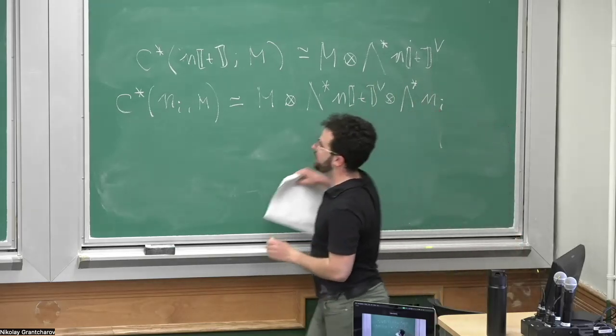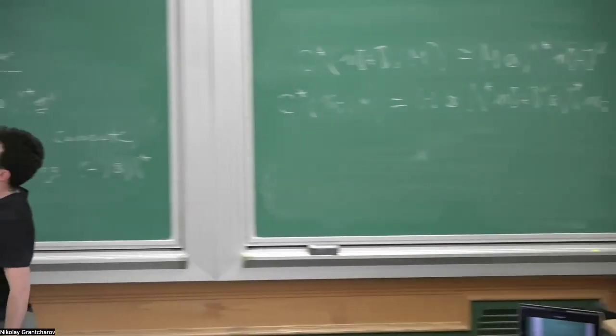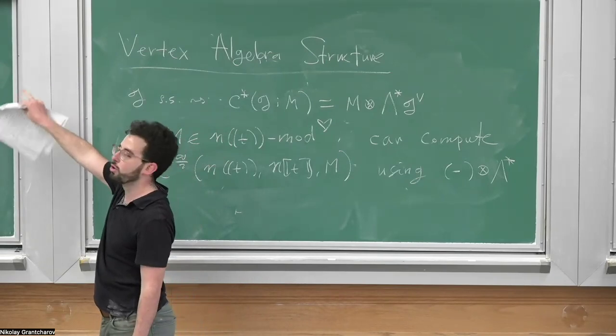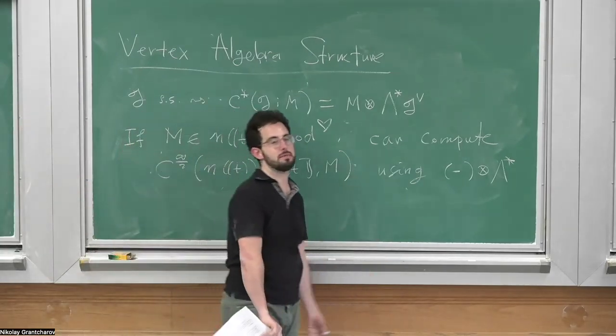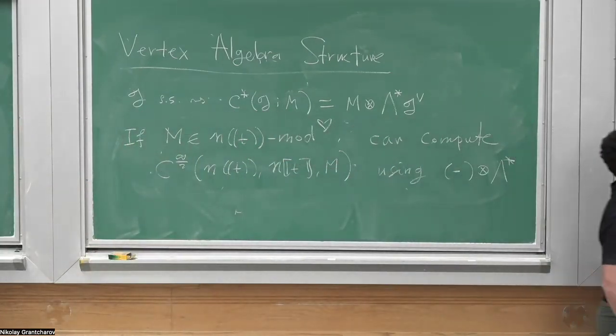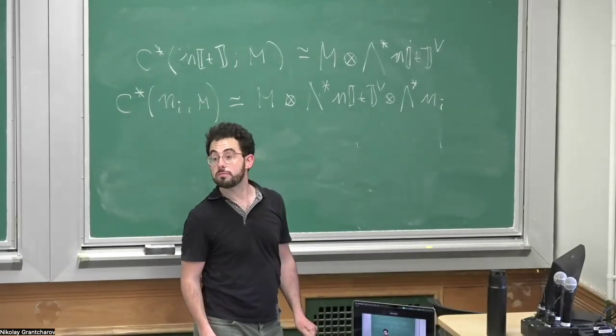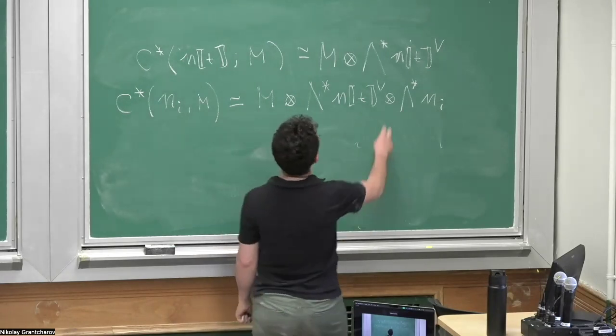Here we don't take the dual exactly, because we have a twist by the determinant, so the exterior algebra of the dual tensor the determinant is going to be the same as the exterior algebra of the original algebra. What's dual here? Continuous dual.